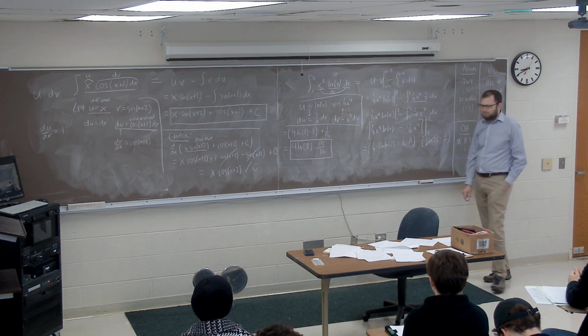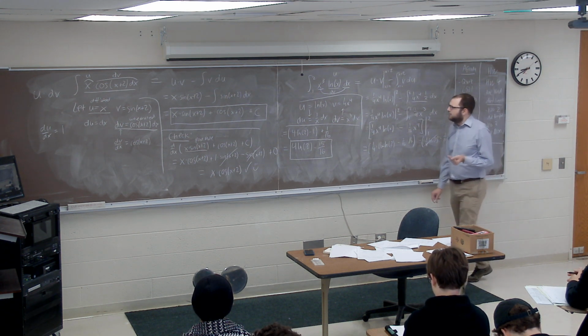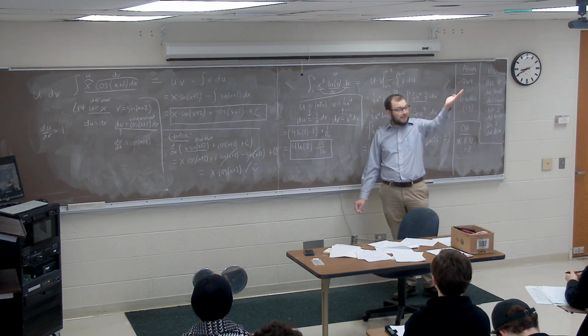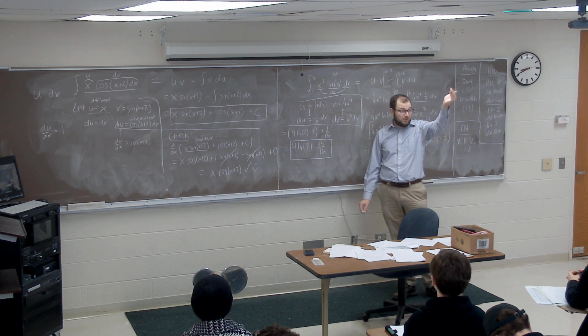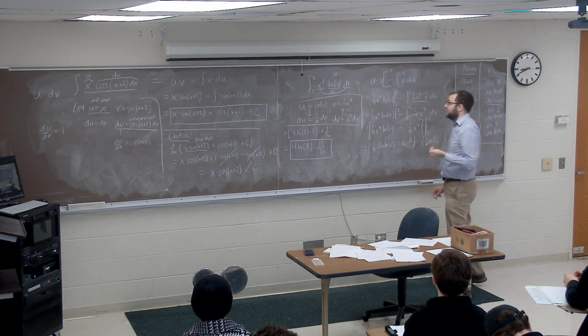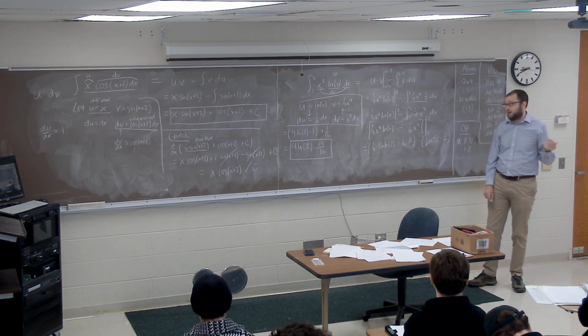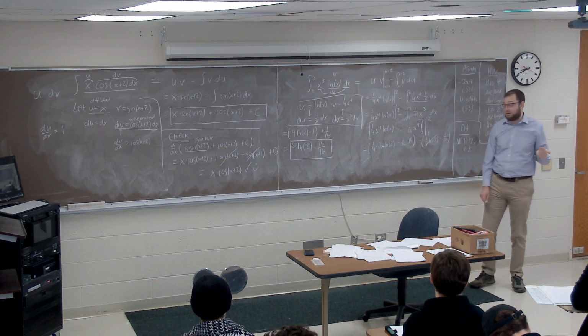So what's going on here? Bethany, I really like your initial choice of u and dv, of trying to let the u term be the natural log of x term, and dv be equal to the x cubed term.